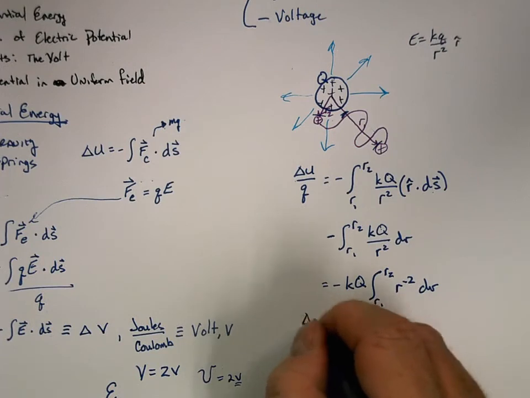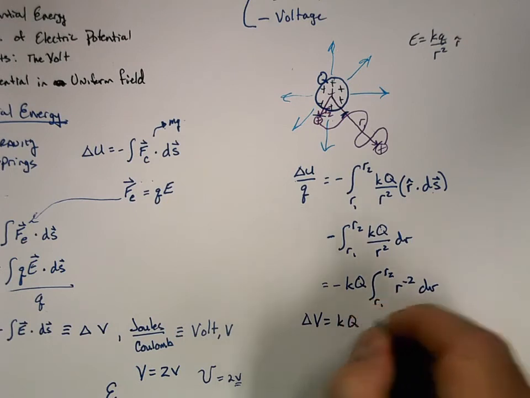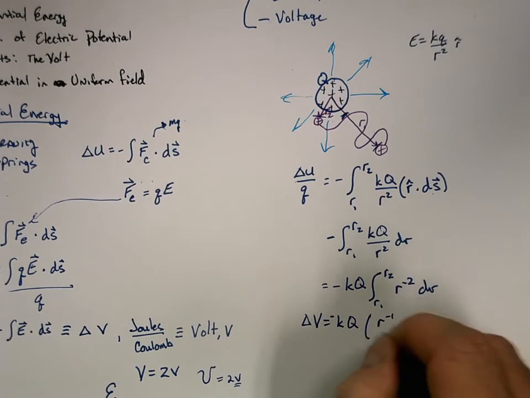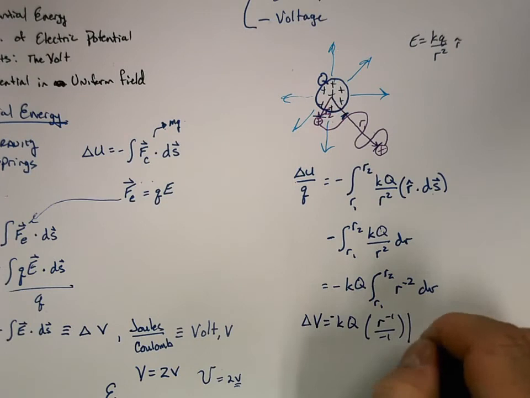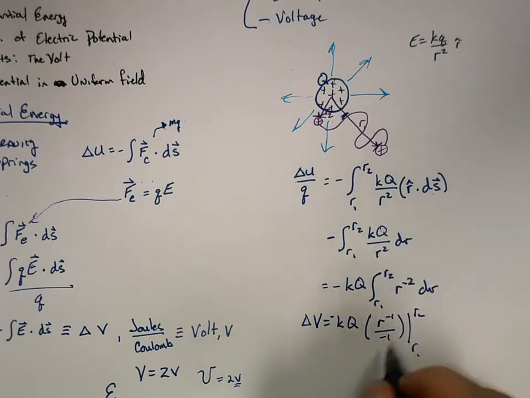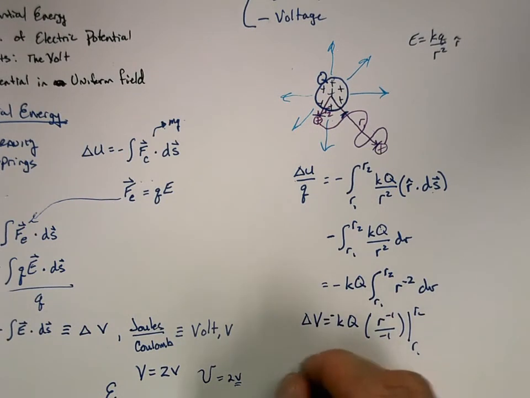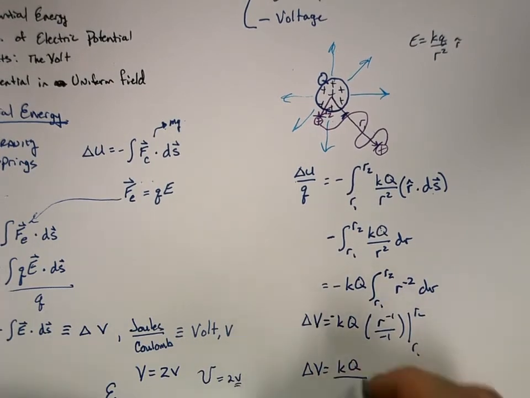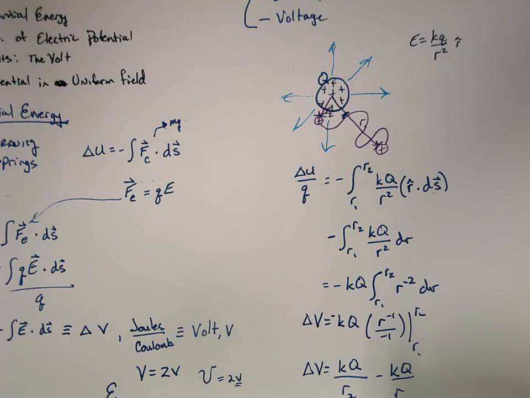Our delta voltage equals KQ times negative 1 over r, from R1 to R2. That negative hits with that positive. Does it look familiar?